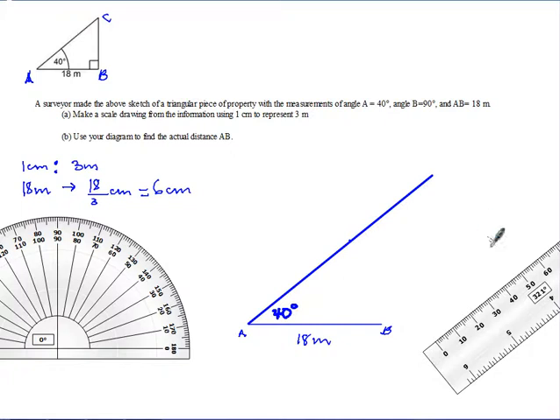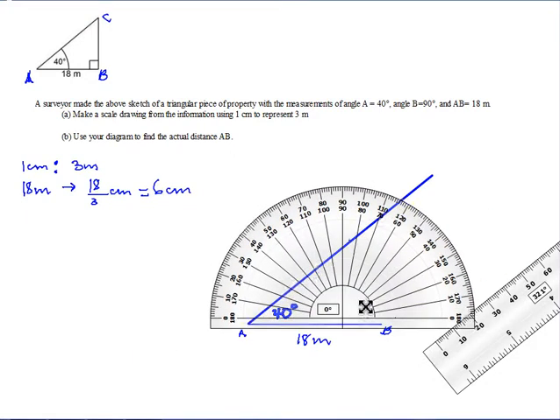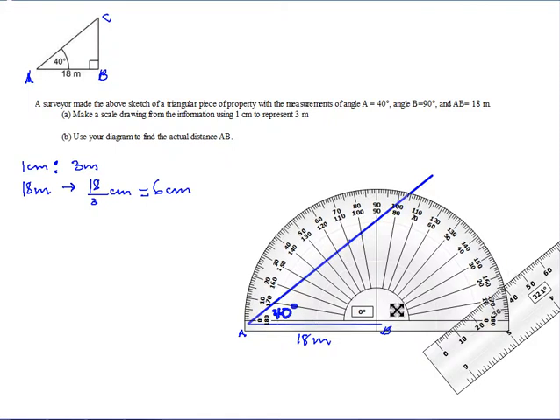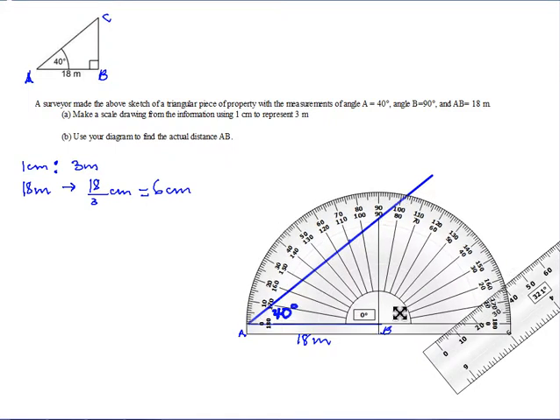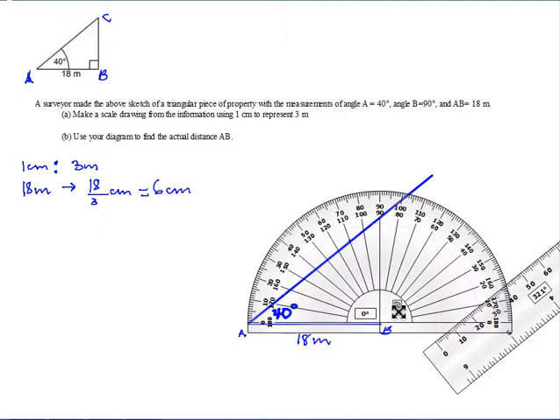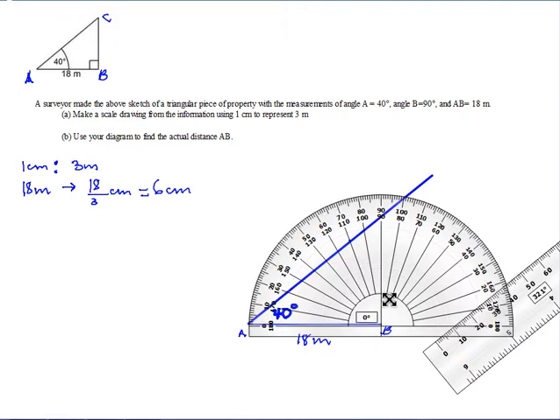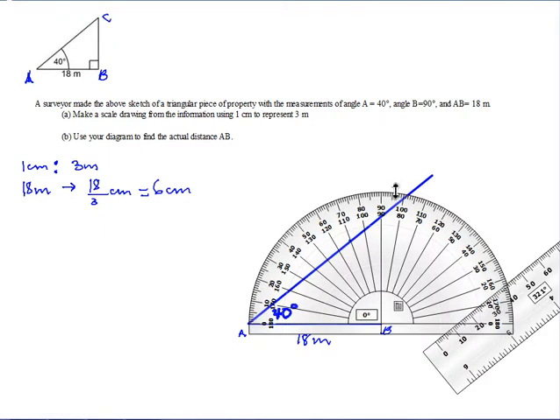And now you need a 90 degree angle. Of course, we're going to use our protractor again at B. B is where you need the 90. So center the protractor at B and mark where the 90 degrees is. You put a dot right here.